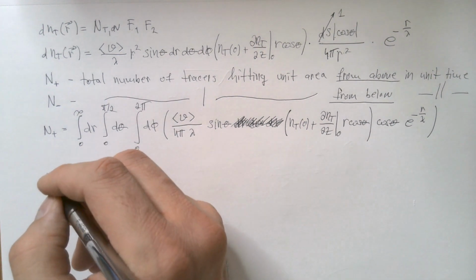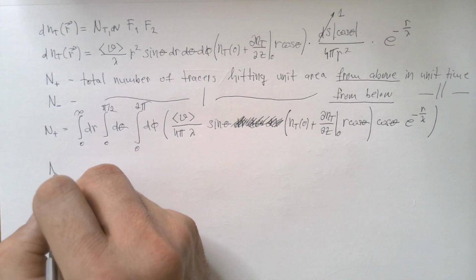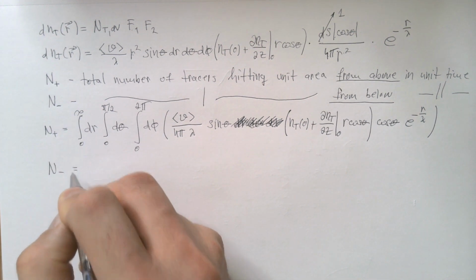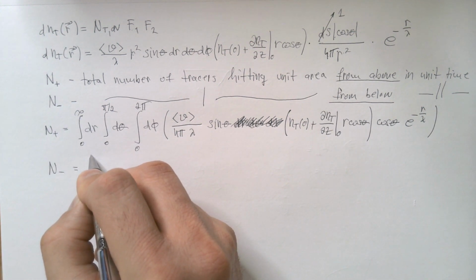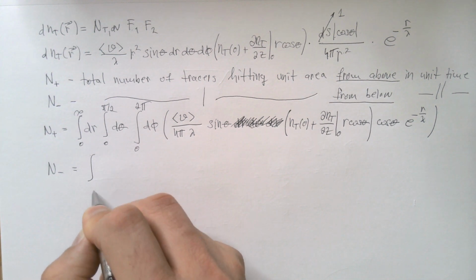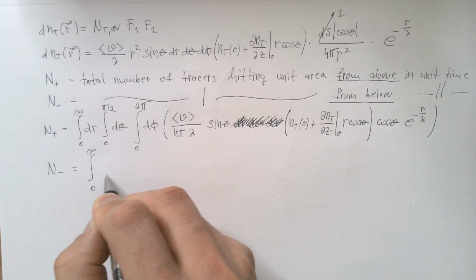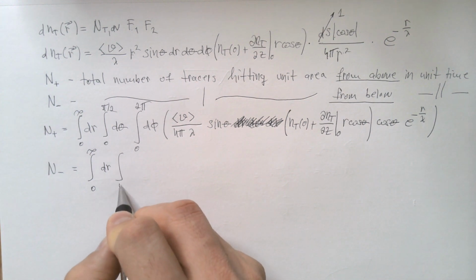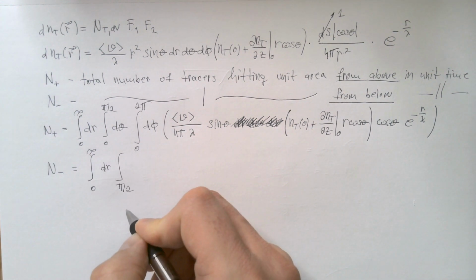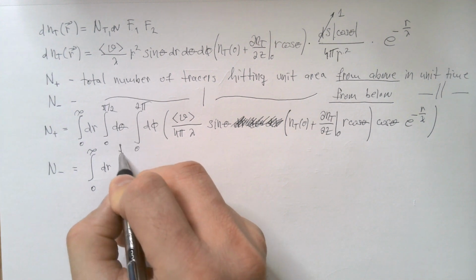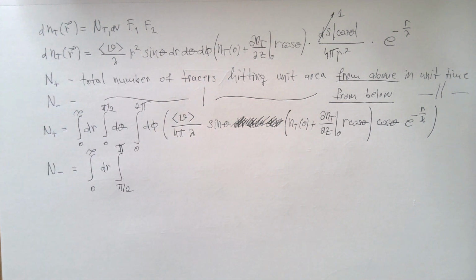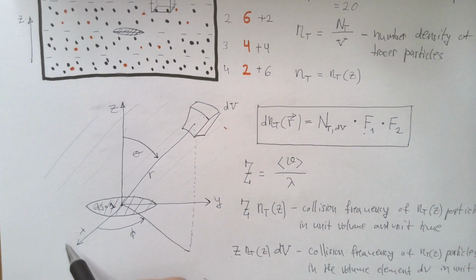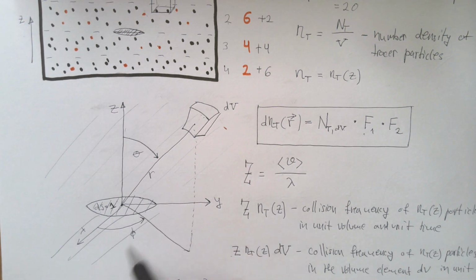Now, what is n negative? Well, that is integral from 0 to infinity dr. Now theta is integrated from pi over 2 to pi. This is the difference because now we are going into the southern hemisphere over here, so to speak.